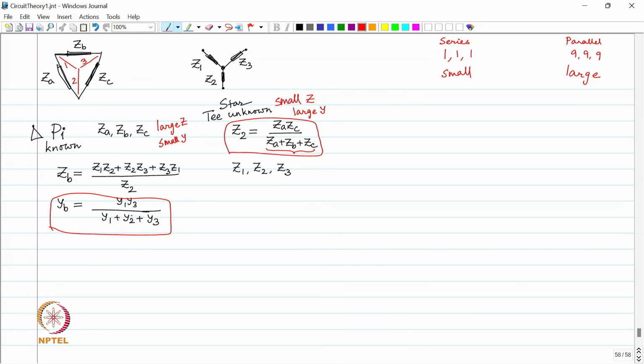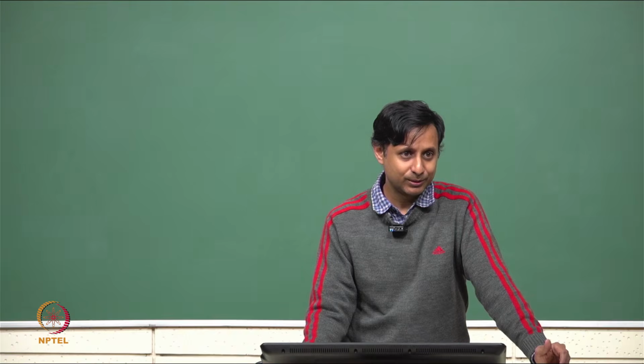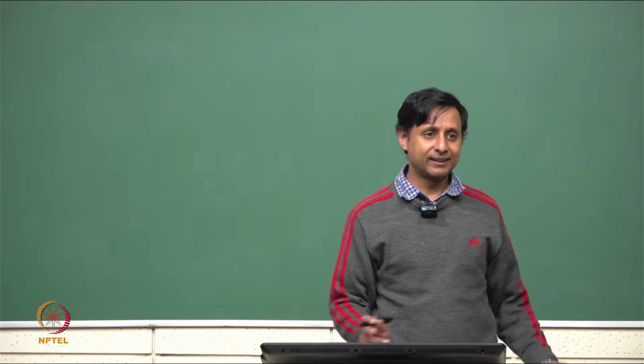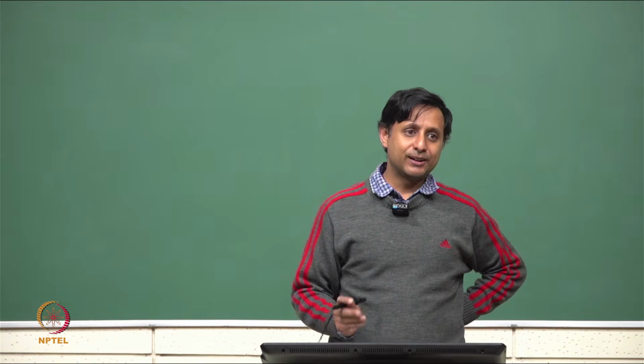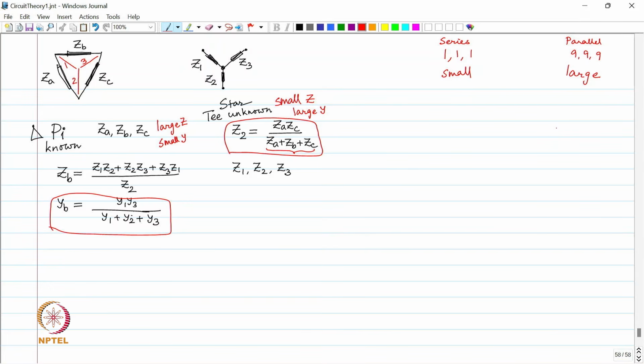Fine. Is it okay? Will you be now able to remember the expression? So, basically what I am saying is that you do not know anything, you only know the form, right. The form is Z1, Z2, some Z times some Z, or some Y times Y. So, something times something divided by a sum.